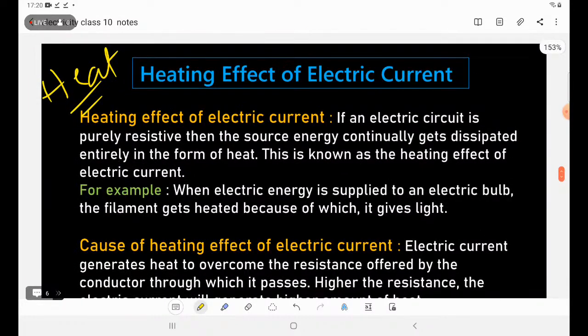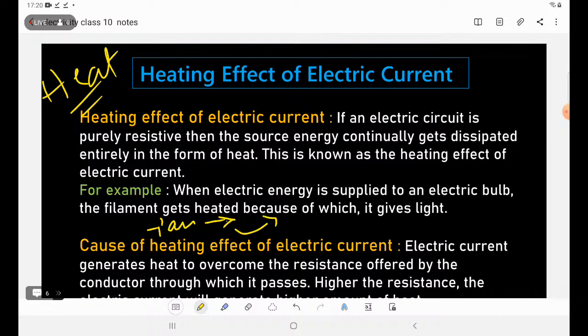Why? Because the energy that is used by the cell, some energy may be used for useful work, for example in a fan. In a fan, some energy is used for rotating the blades of the fan, but some energy is also consumed in the form of heat.